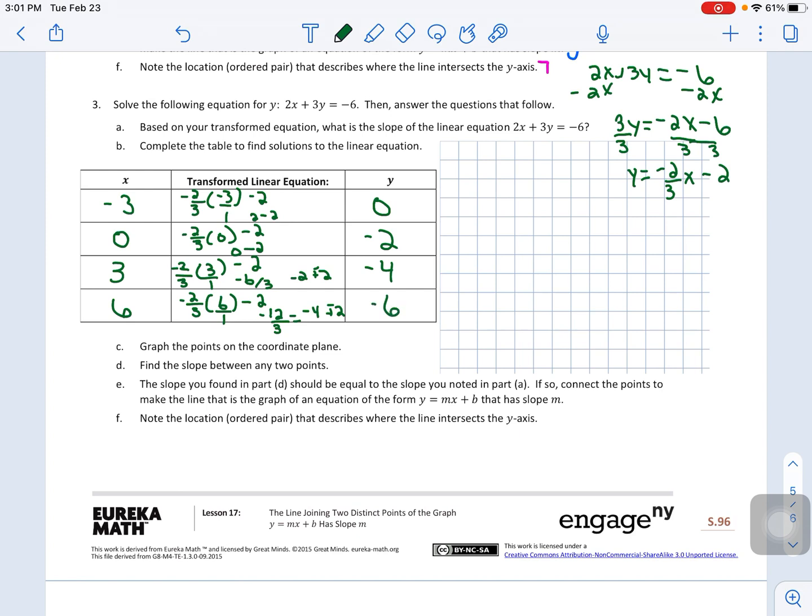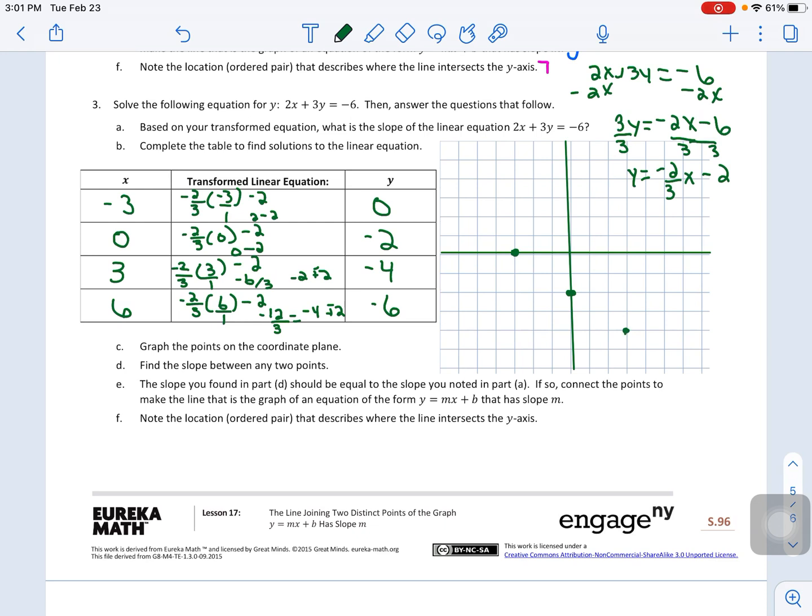So I need both sides to be 6, so we're going to graph straight in the middle and straight in the middle. Hopefully they will all fit. So negative 3, 0 is there. 0, negative 2 is here. 3, negative 4 is here.